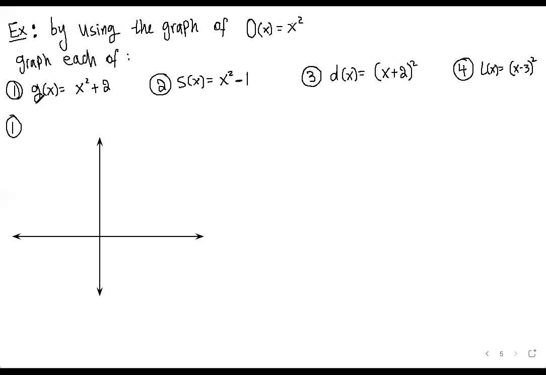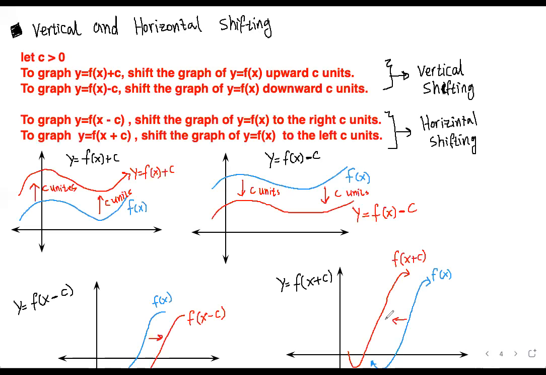So here, g of x equal x squared plus 2. My original function is x squared. Which property do I have to use from these four for the first example? The first one, exactly, Christopher, thank you.